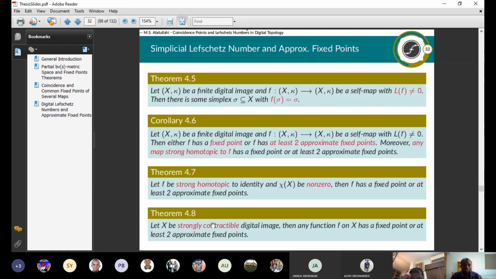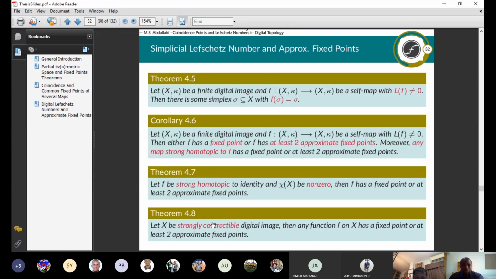I cannot say contraction, because what a contraction does, like the Lefschetz constant, is check the distance between the images of the function and see if it is contracting the distance between the points. But this time, I have a function on X, and I can continuously move the function to a single point.